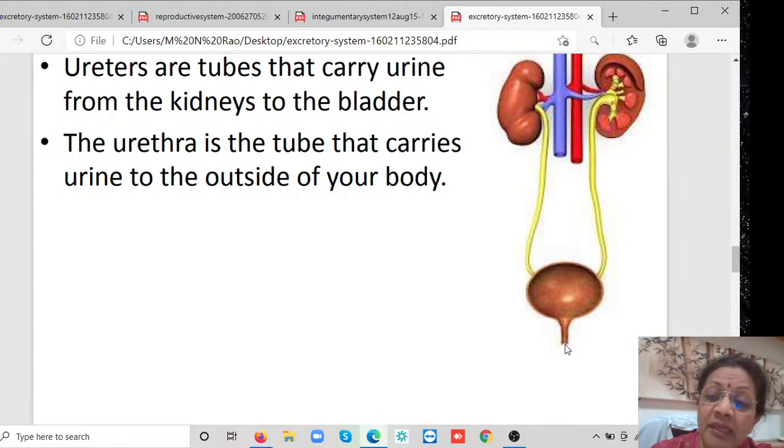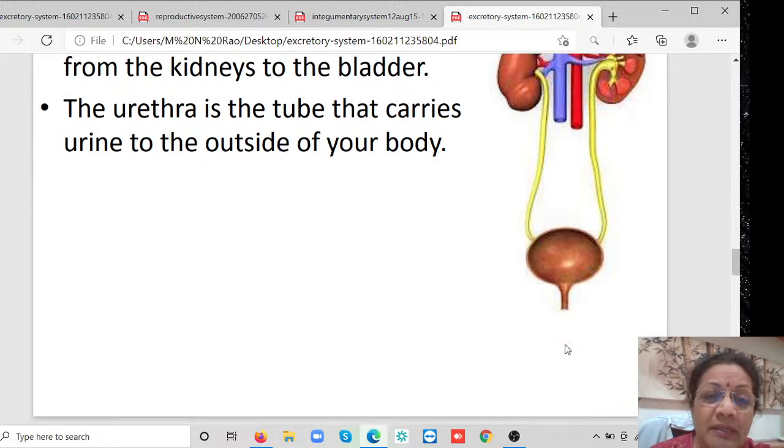So which is why the male urethra being longer, more curved and involved with other glandular secretions has a different biology, right? Because it is a common area for two systems, both the excretory system where it is going to empty urine outside and the reproductive system where it is going to empty seminal fluid outside the male tract. We'll come to that in a second.